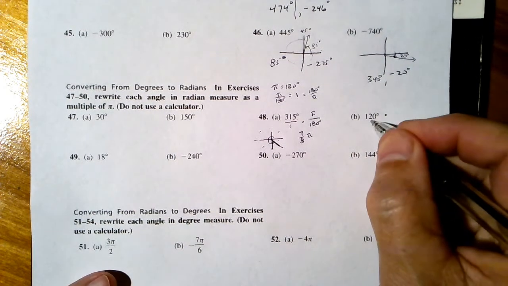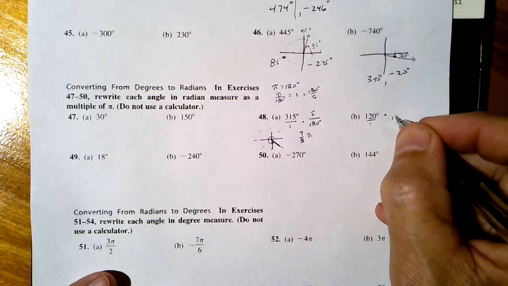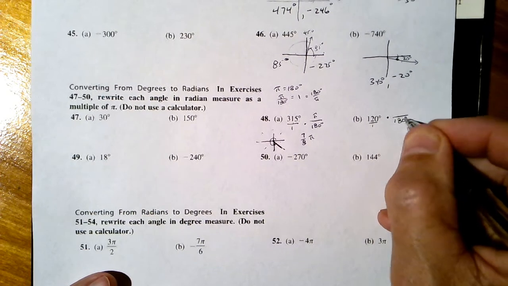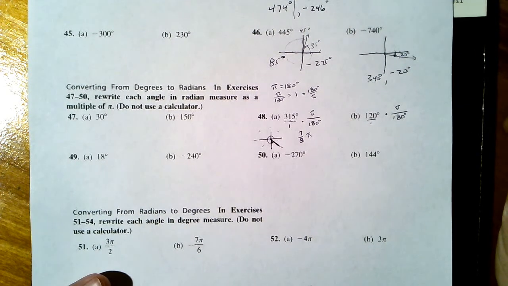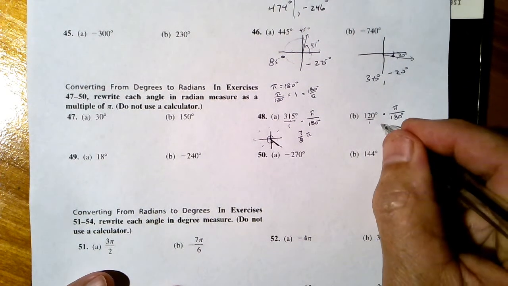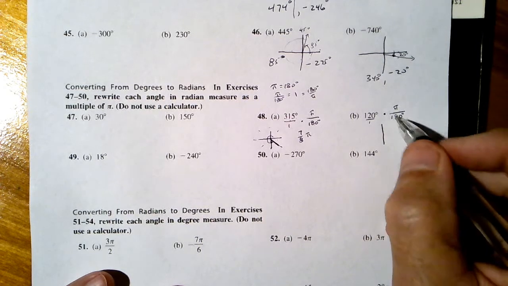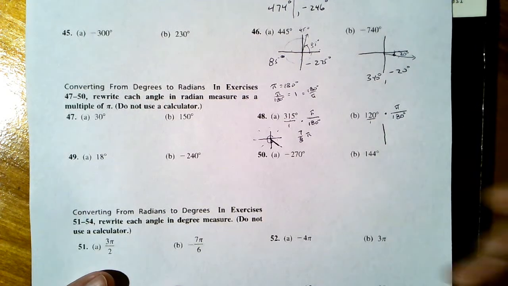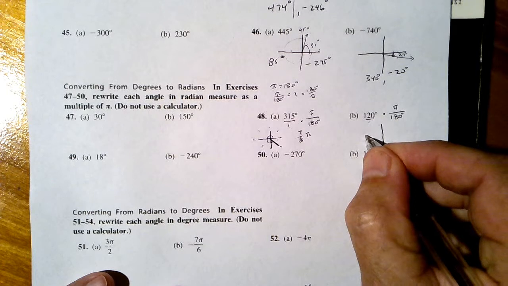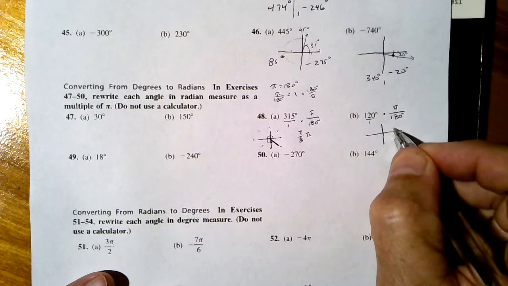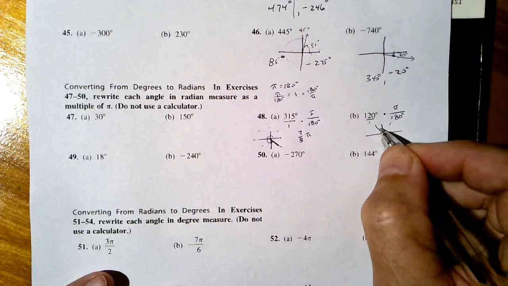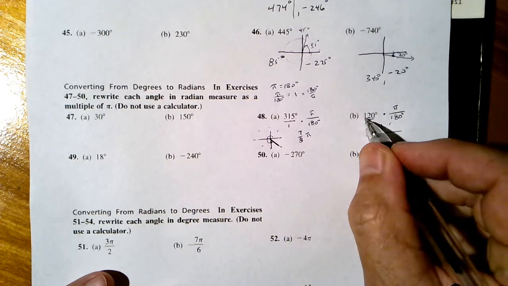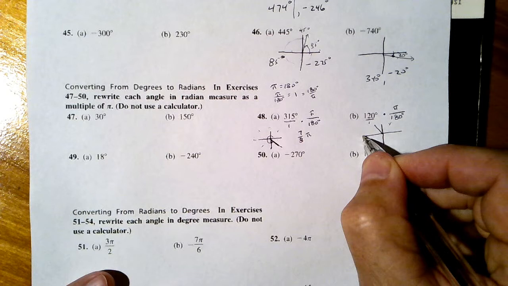Either multiply by, look what I'm doing here, cancel degrees, so pi goes on top, and reduce it. Or you could perhaps, and this might be better, especially if we can use a calculator, but 120 degrees, let's see, that's 90 and 30, or 60 and 60, that's 2/3 of the way around to here.